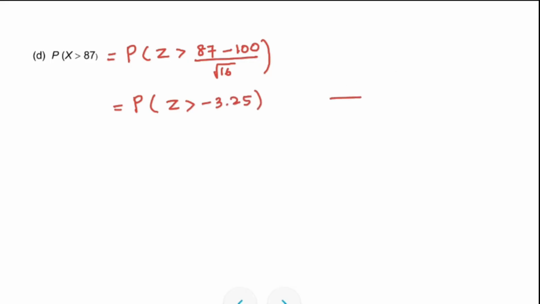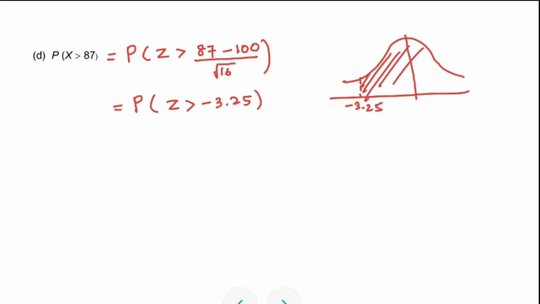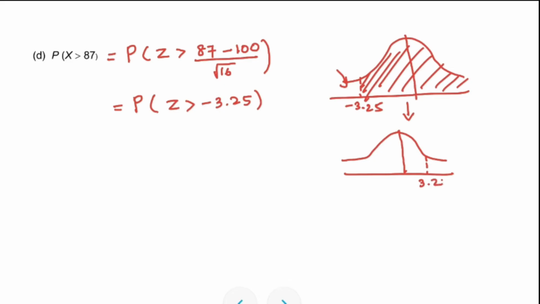Now if we look at the bell shape, the negative number z equals negative 3.25 and the area is greater than, so it is here. This area is greater than 0.5, but we can get this area by reflecting to the positive side and taking z at 3.25.